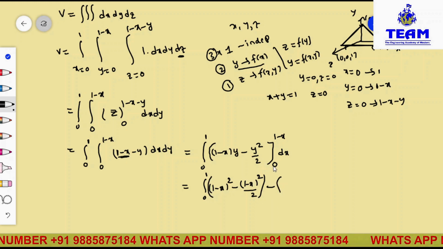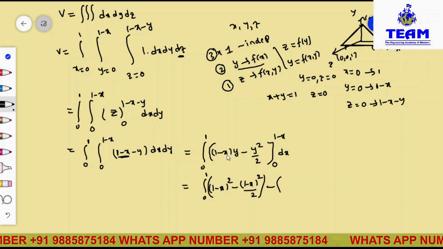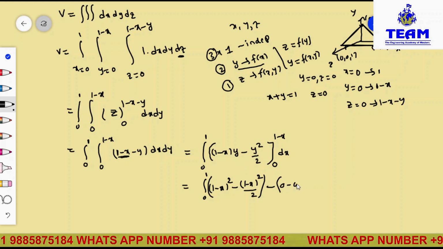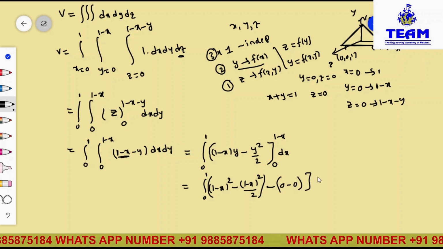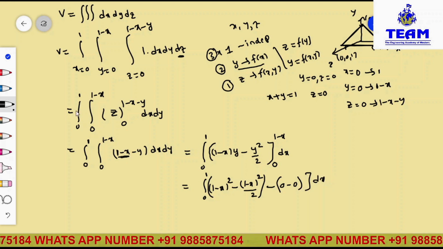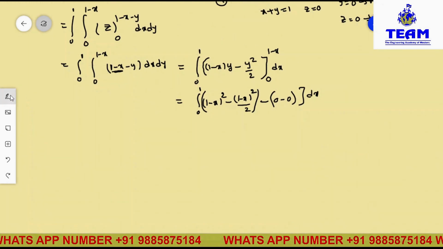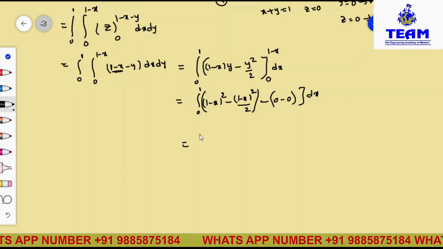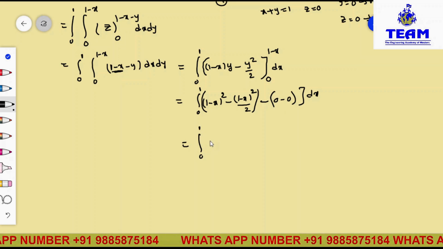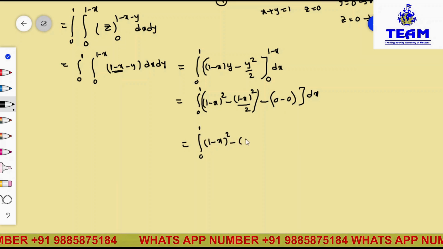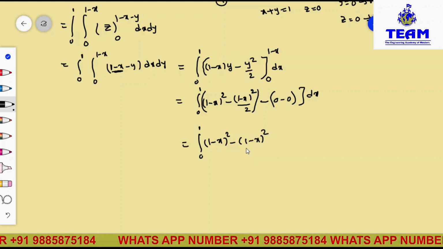If I substitute y equal to 0, then 0 into 1 minus x is 0, and 0 square by 2 is also 0. So here you have, from 0 to 1, 1 minus x whole square minus 1 minus x square by 2.